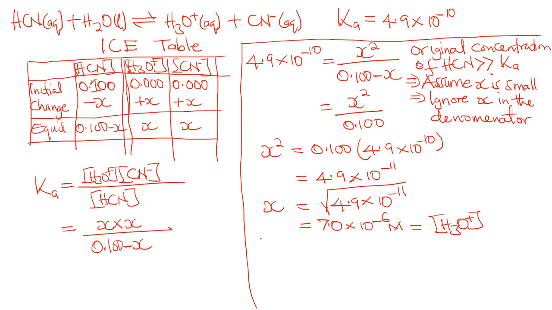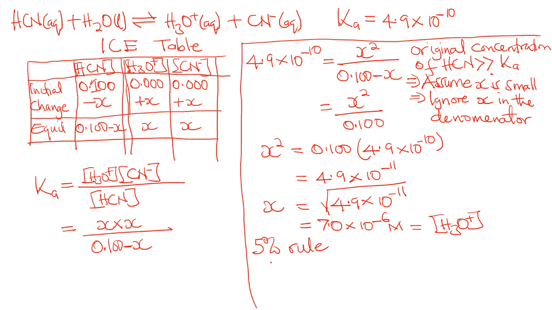In this case, we are using the 5% rule. The 5% rule will tell us that if X is greater than 5%, our assumption is incorrect. If X is less than 5%, our assumption is correct.